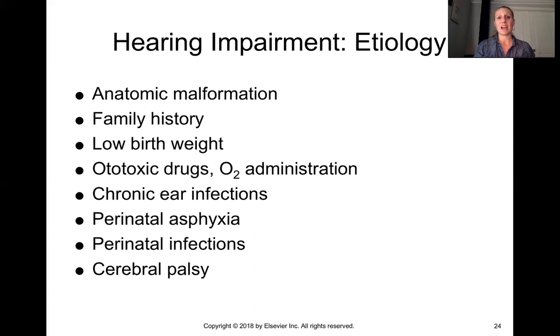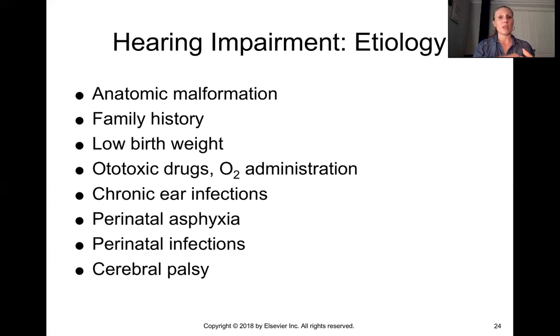So a lot of these have to do with the appropriate management in the labor and delivery setting, and making sure that these babies have adequate oxygenation while mom's laboring. And then remember, when a baby's being resuscitated, we've talked about this, how we don't resuscitate with oxygen initially, right?